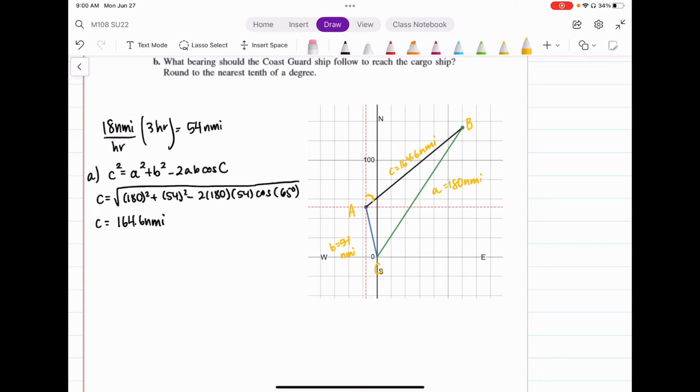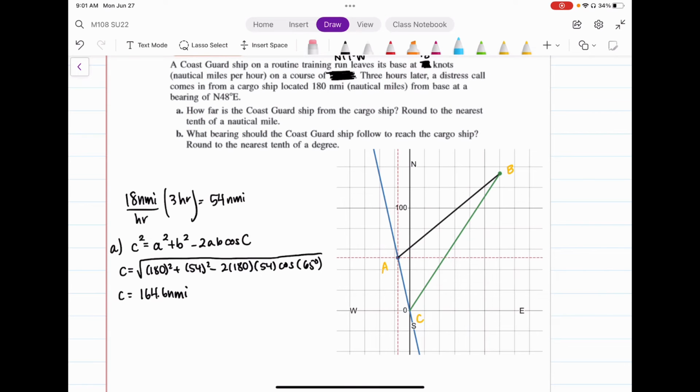I'm going to extend the blue line of the cargo ship to show you that we can use some properties of angles with geometry, of parallel lines cut by a transversal, in order to calculate everything that we need to solve this problem. The red dotted line that is vertical and the black line that is also vertical, so both of these that are supposed to be the y-axis of the different coordinate planes, are parallel to each other.